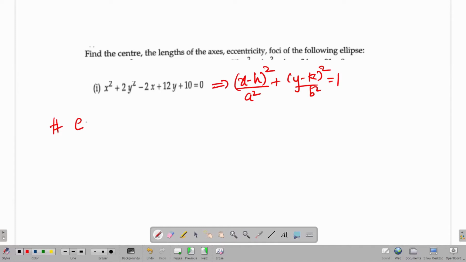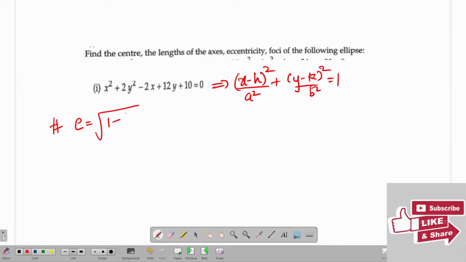What we do here, no matter whatever ellipse this is, the formula for eccentricity is root of 1 minus, and the coefficient of x square is here 1, the coefficient of y square is here 2. You take the smaller one in numerator and the greater one in denominator, that is, we take 1 and 2, and we get the eccentricity, that is 1 by root 2.